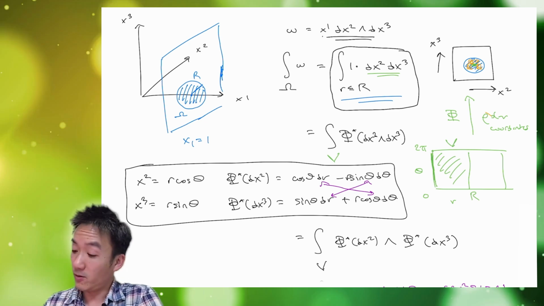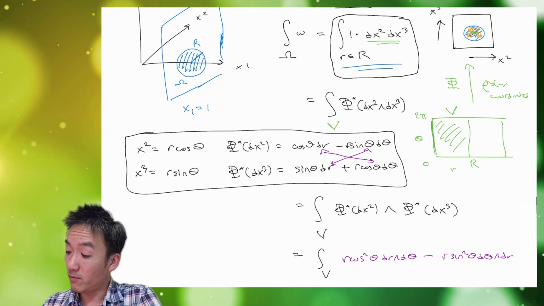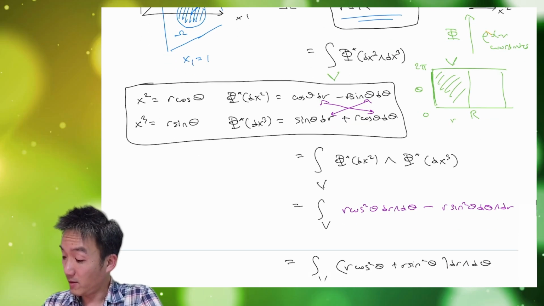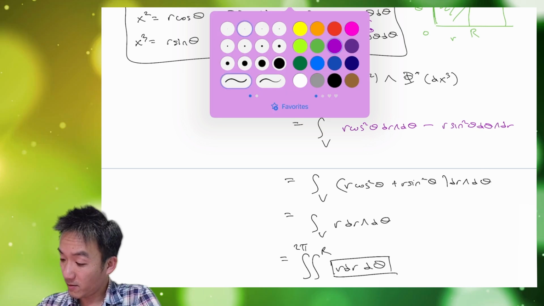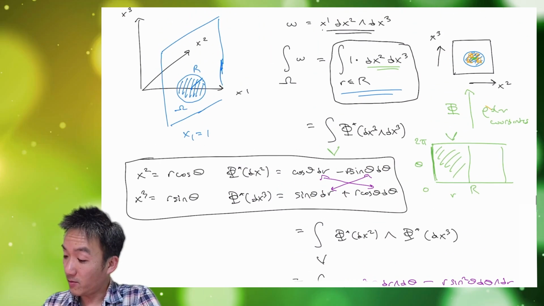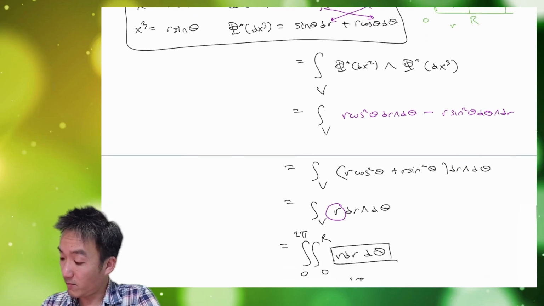Okay, so indeed we pulled back to this simpler region V in polar coordinates, and it picked up this r factor. So what was just a standard product area form in one coordinate system became not a product.